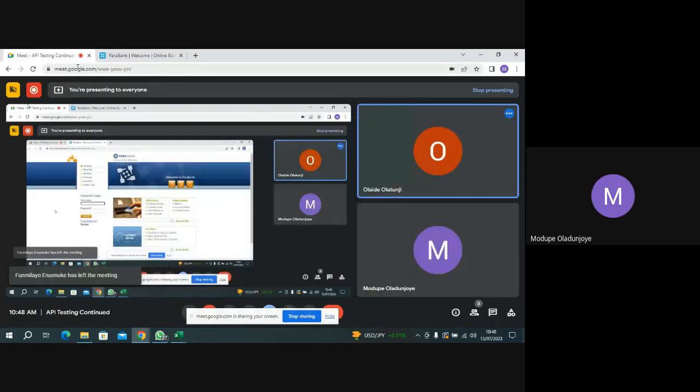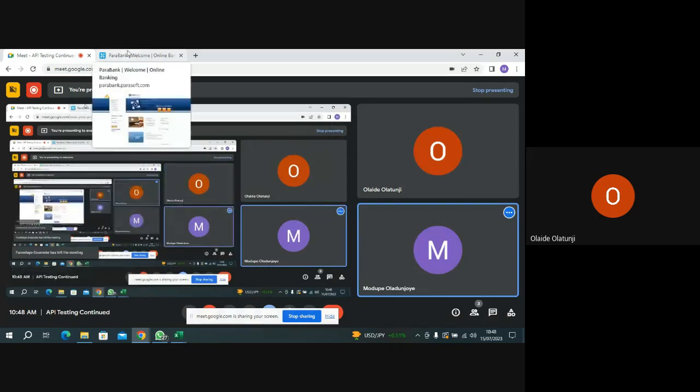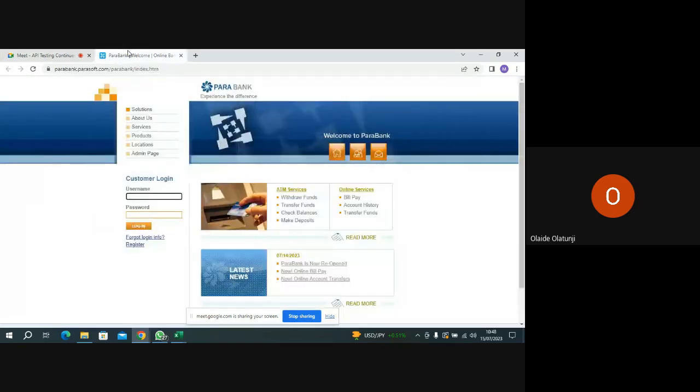Yeah, can you see my screen now? So this is the app. So the first test case is successful registration.